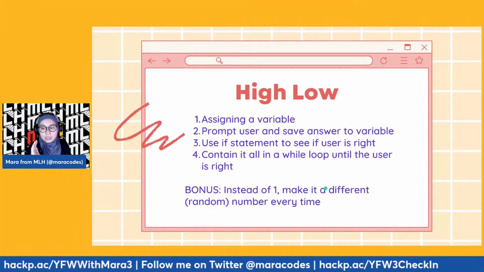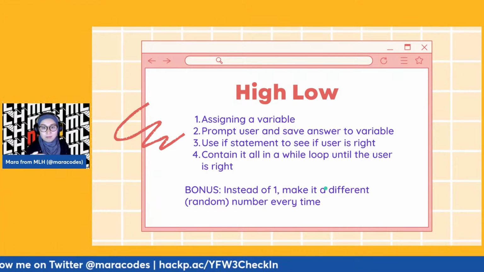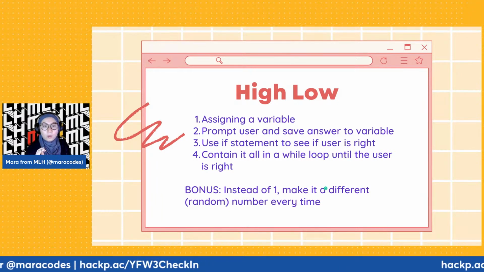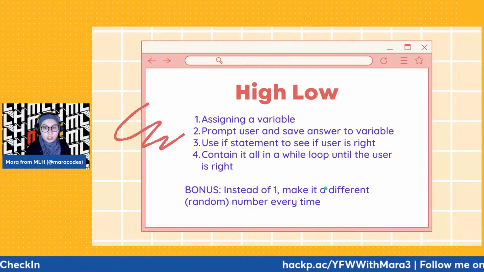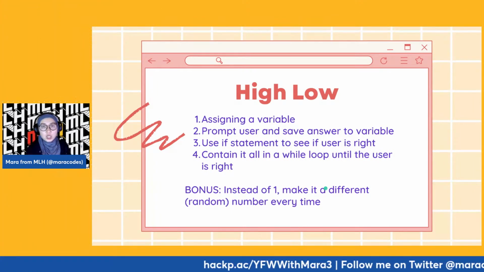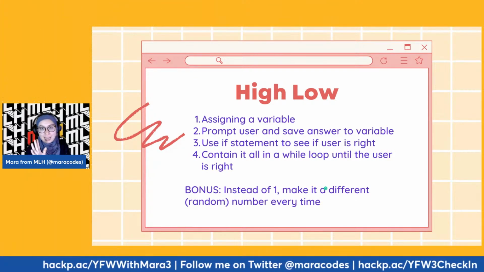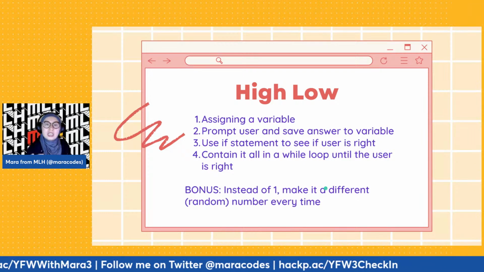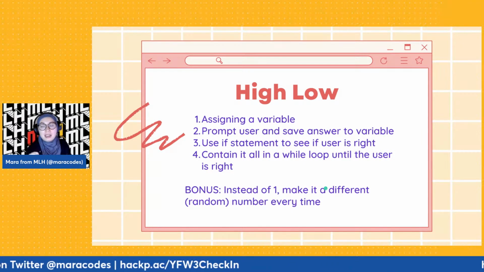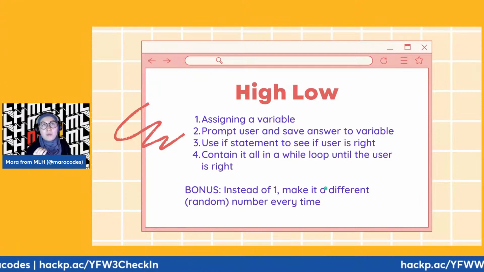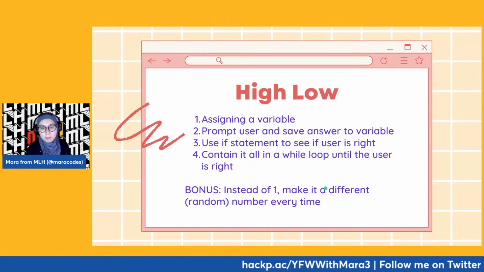First, we are going to assign a variable. That's the answer, okay? Then we're going to prompt the user. We're going to use the JavaScript prompt function and then save the answer to a variable. That's the guess. Then we'll use an if statement to see if the guess is greater than, less than, or equal to the answer.